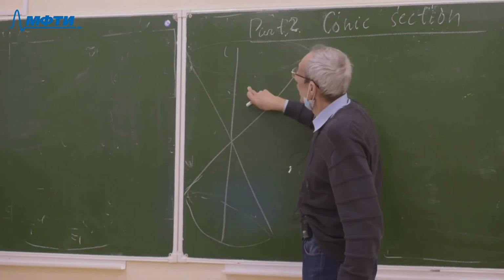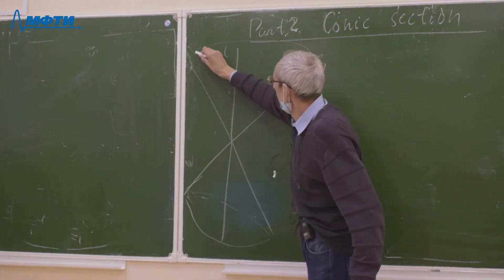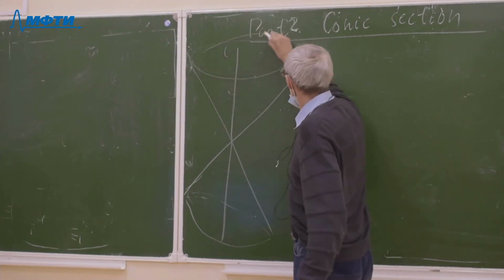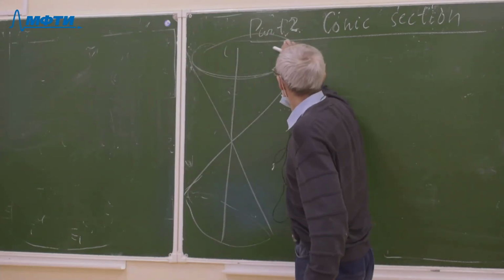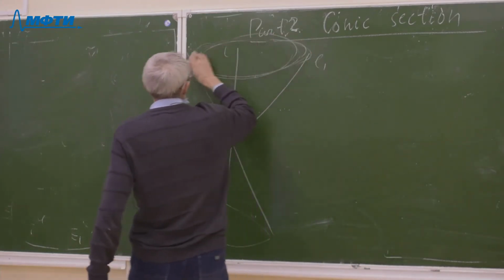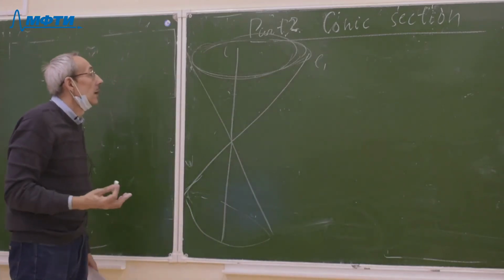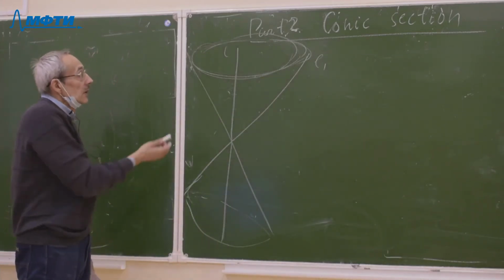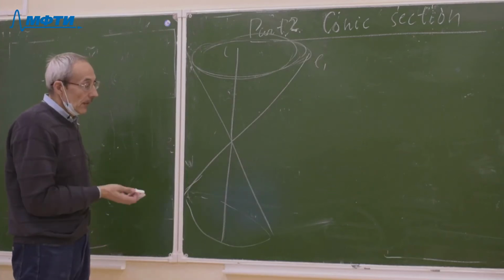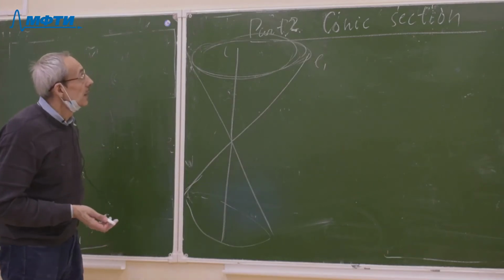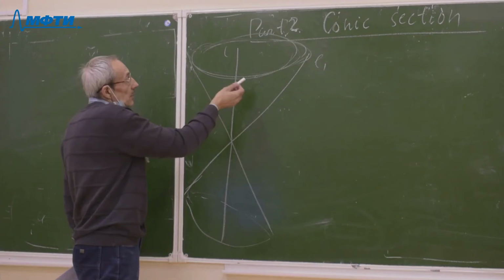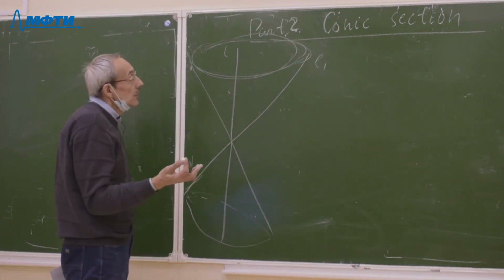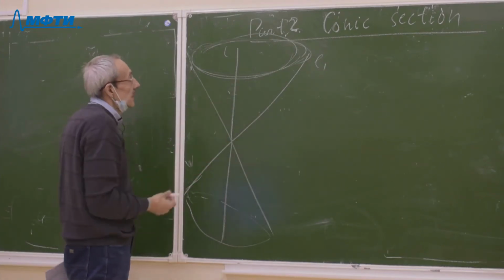If the plane is orthogonal to the straight line A, we obtain the section of this cone. The intersection of this plane and this cone, which is called a section, is in this case a circle.